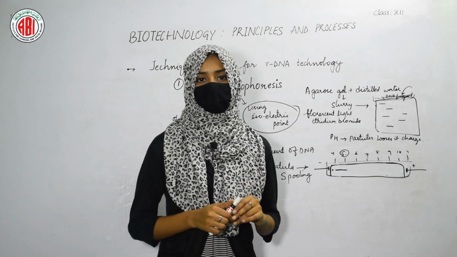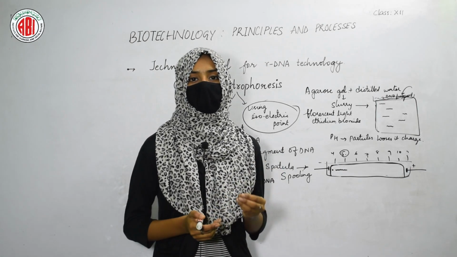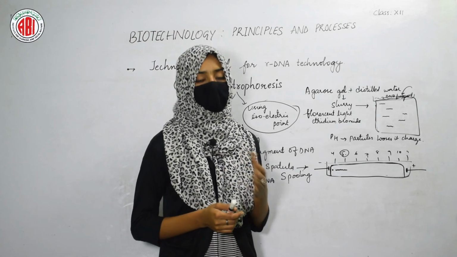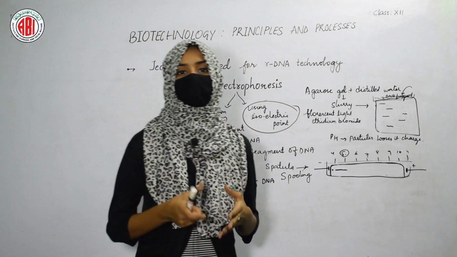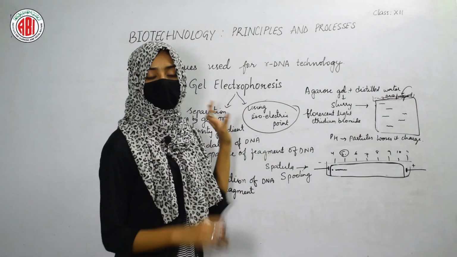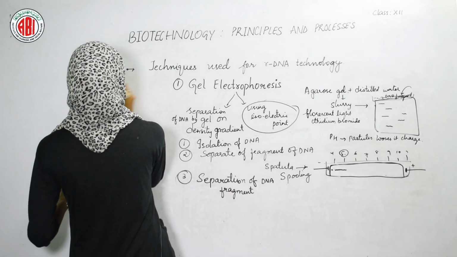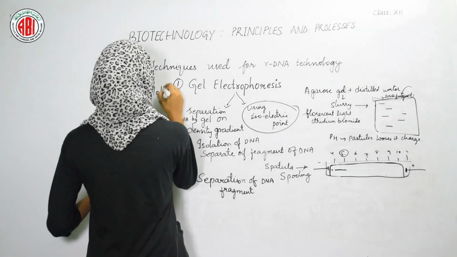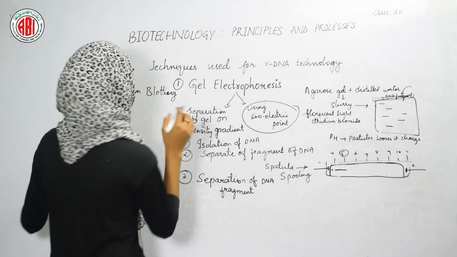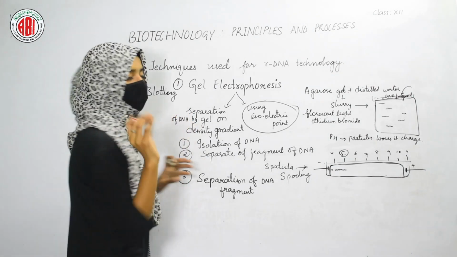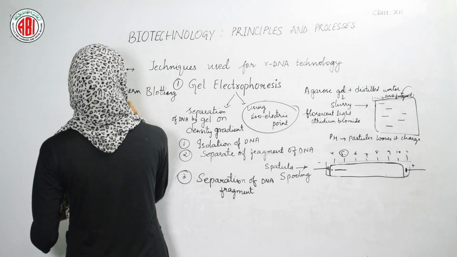Gel electrophoresis is a process by which the different fragments of the DNA get separated. Depending upon the particles that are getting separated by this process, we will see different terms that can be used. If the DNA fragments are getting separated by gel electrophoresis, then the term southern blotting can be used. Or if the pieces that are separated by gel electrophoresis are RNA, then the term northern blotting can be used.